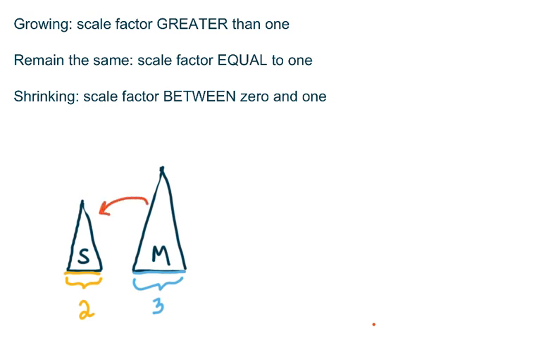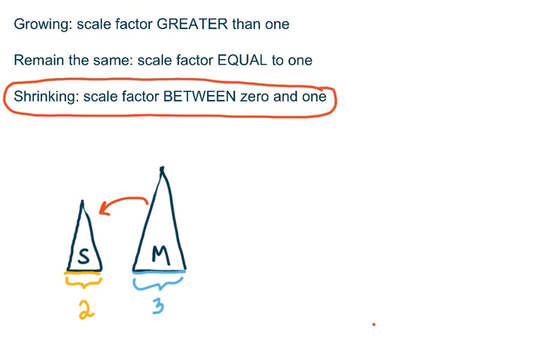We're going from M to S. Now keep in mind, from M to S is a shrinking scale factor. When we were going the other direction from S to M, it was growing, and so we wanted a scale factor greater than 1, but because this one is shrinking, we are anticipating a scale factor that's between 0 and 1.